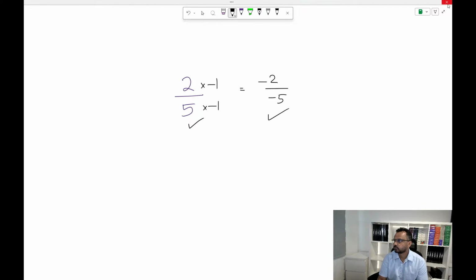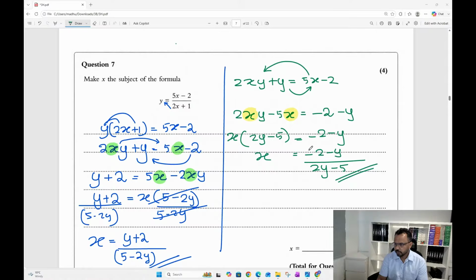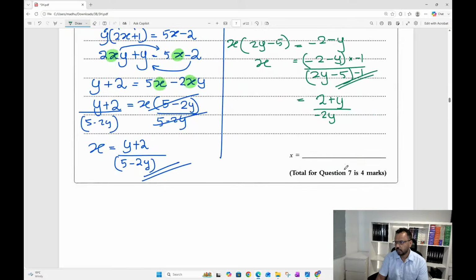Now here, if I multiply this expression by negative 1 and this one by negative 1, what do I get? Negative 2 times negative 1 is positive 2. Negative y times negative 1 is add y. 2y times negative 1 is negative 2y. And negative 5 times negative 1 is positive 5.